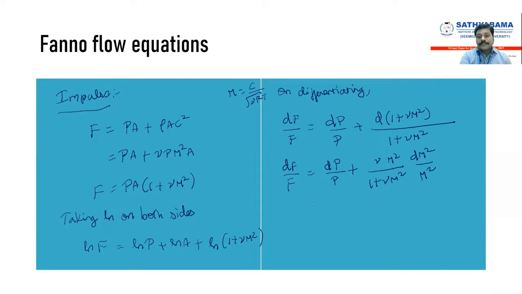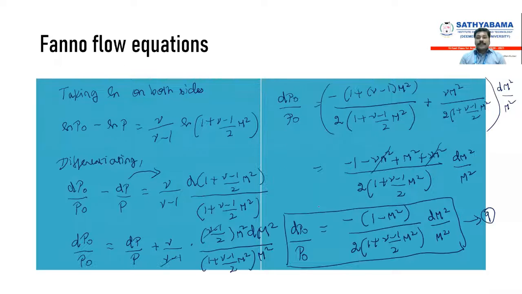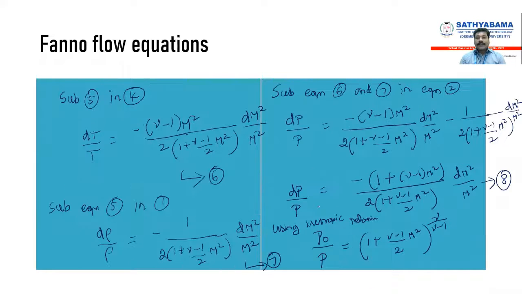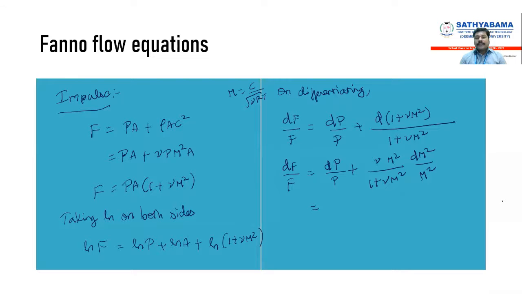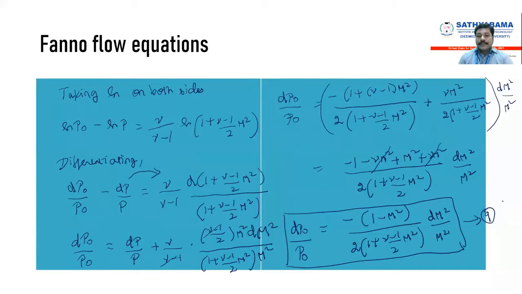So what is your dP by P? You know the value of dP by P, we already estimated the value of dP by P. We are going to substitute this equation, right? And then we are going to take LCM and simplify this expression, right? So what is your dP by P?